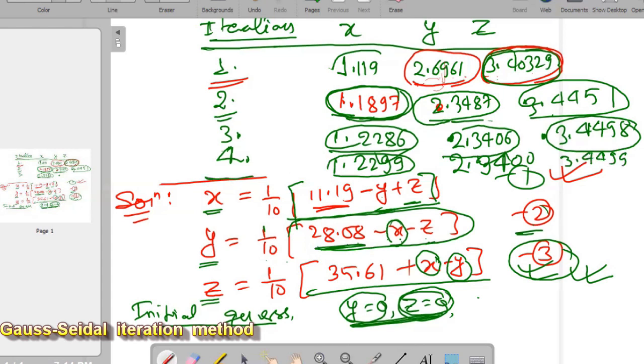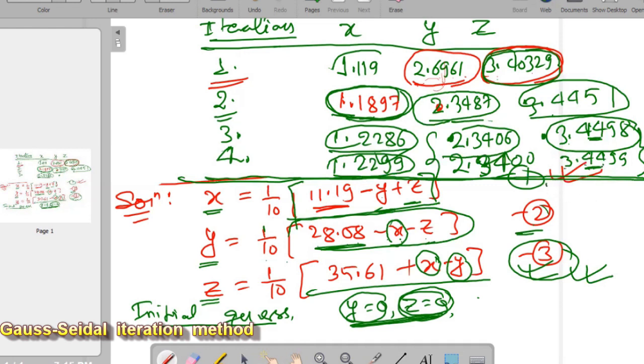3.4499. So in this fourth iteration our procedure stops, because the value of z, and similarly the value of y, have the same two digits after the decimal. In the values of x too, the two digits after the decimal are the same.